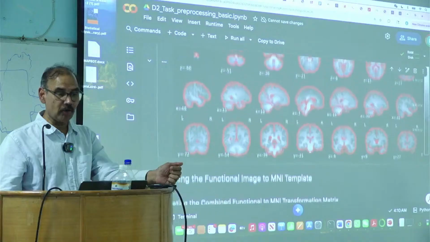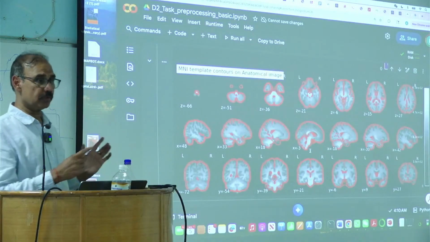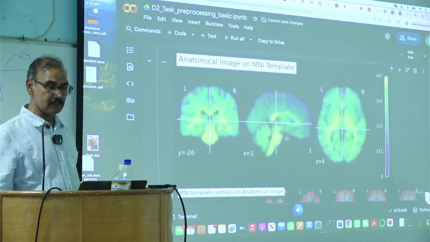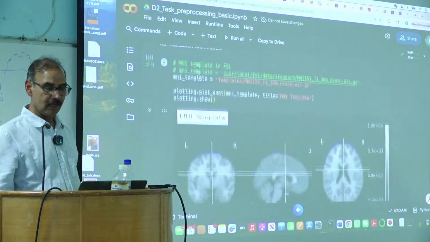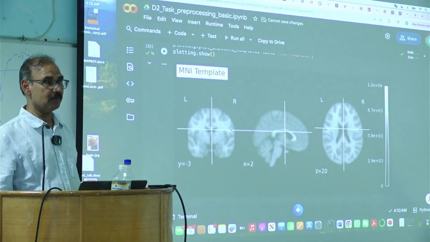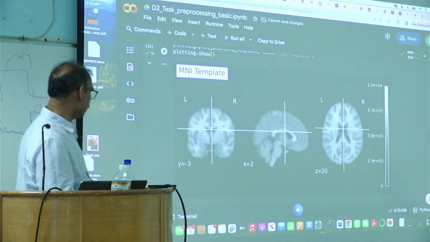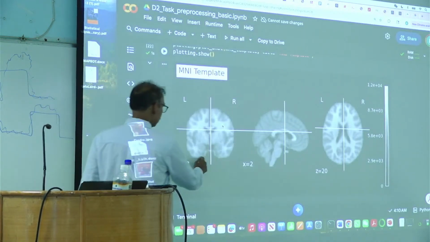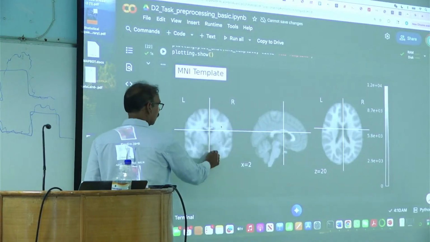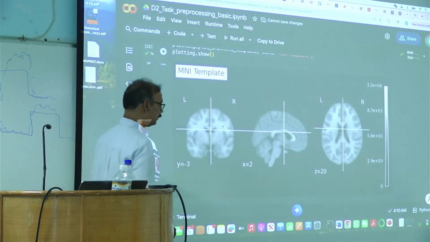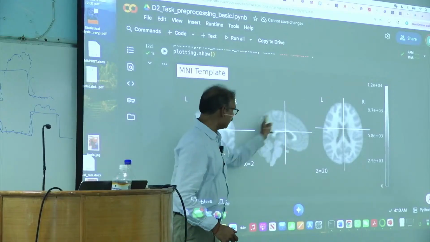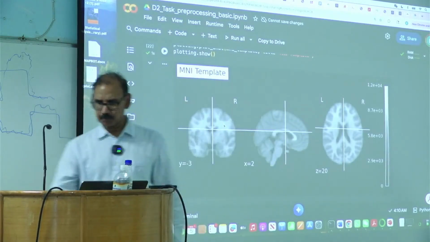So that's the contour, right? The MNI image, this is the MNI template. The contour of this one would be right, and then some here. For this one, it would be like that also.